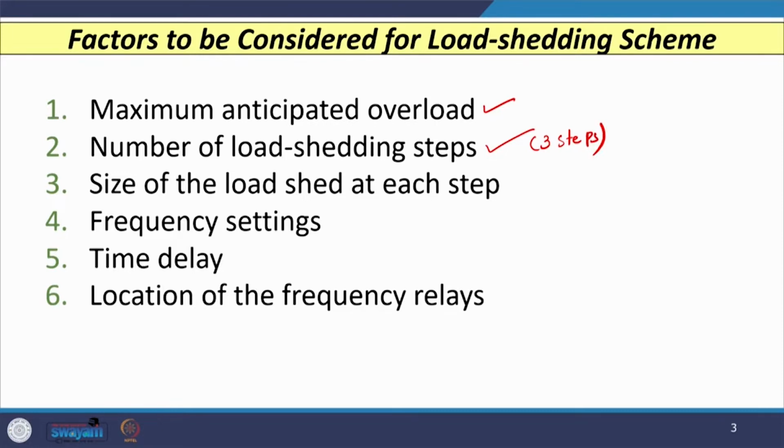Now, the third factor which we need to consider for the design of an intelligent load shedding scheme is the size of the load that is to be shed during each step.